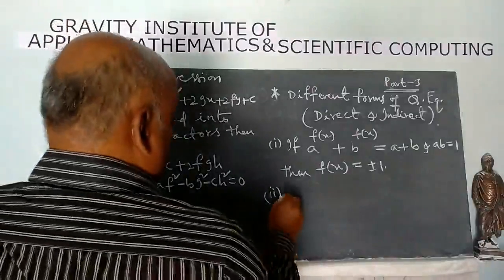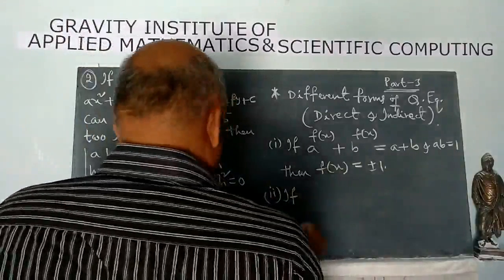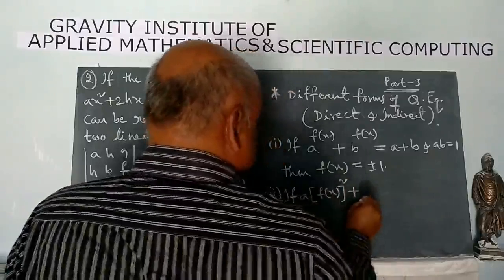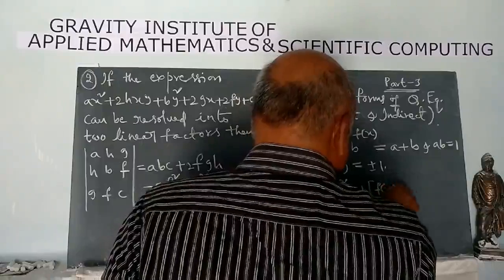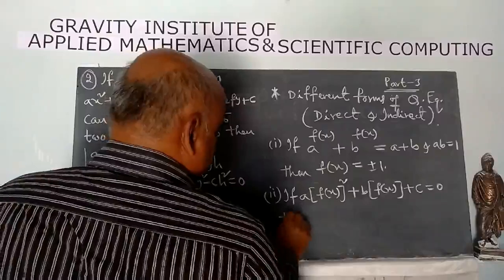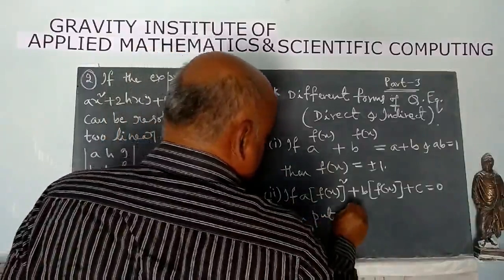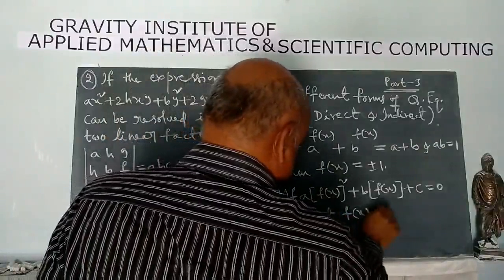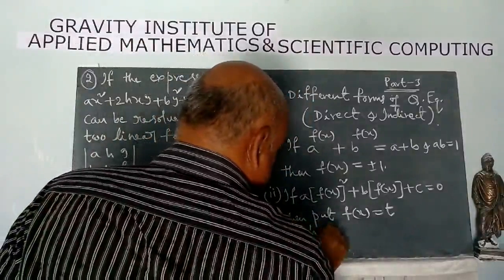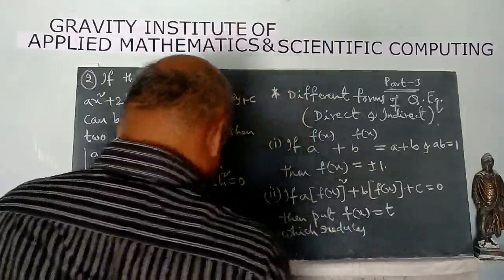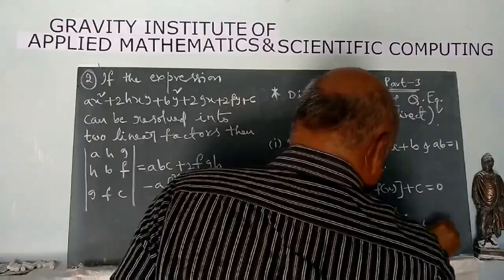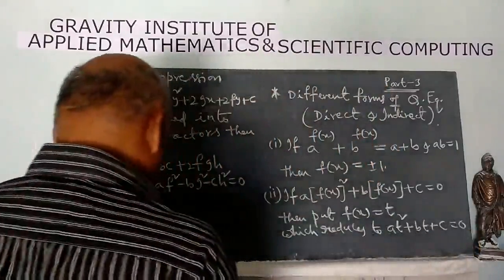Second point, if A into (f of x) whole square plus B into f of x plus C equal to 0, then put f of x is equal to t, which reduces to a t square plus bt plus c equal to 0.